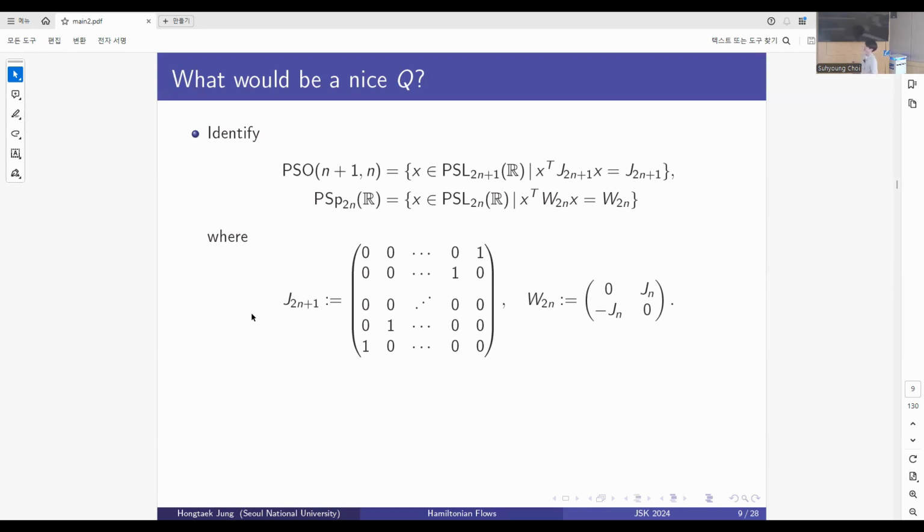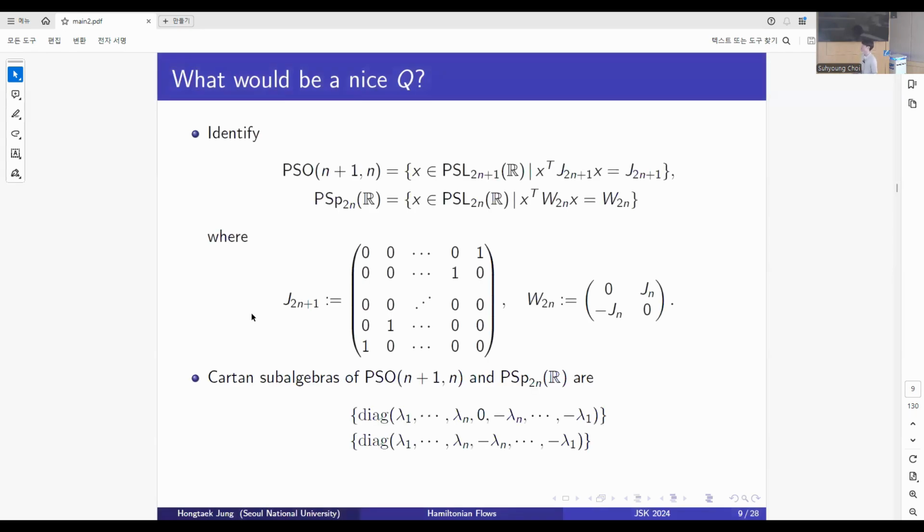If you use this kind of non-standard embedding, we can identify the Cartan subalgebras of these two Lie groups as a subspace of the Cartan subalgebra of PSL(d,R). So the Cartan subalgebra of this one becomes this, the set of all diagonal matrices whose entries are of this form. And the Cartan subalgebra of PSp(2n) is this set, the set of all diagonal matrices whose diagonals are of this form.